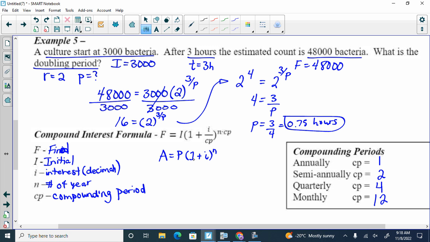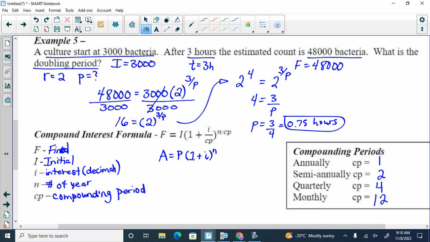So if in a year you're making 12% and it's monthly compounding, that means every month you're only making 1%, right? Does that make sense? So that's why you have to take your interest rate and divide it by the compounding periods, because it's the interest rate per compounding section.